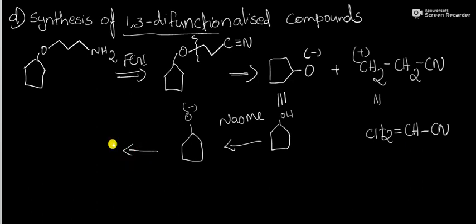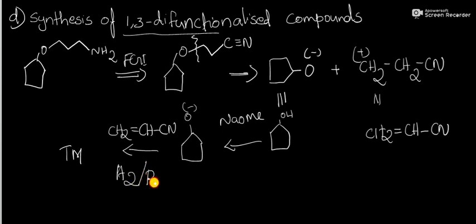We get CH2 double bond CH C triple bond N. We get our target molecule after reduction of CN group using any catalyst.